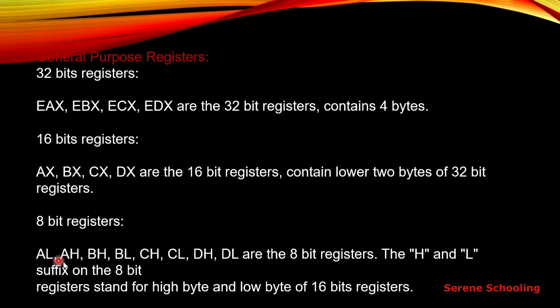Because this AL is the lower part of the 16-bit register, and this AH is the upper half of the 16-bit register. So AH and AL separately are 8-bit, but if we combine both of them, it forms a 16-bit register. Okay.